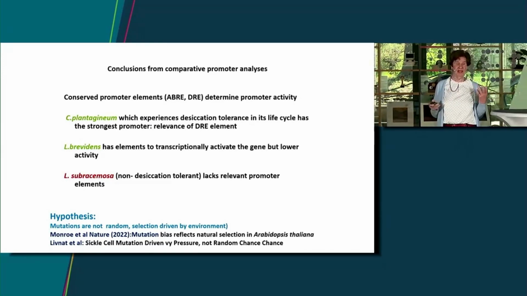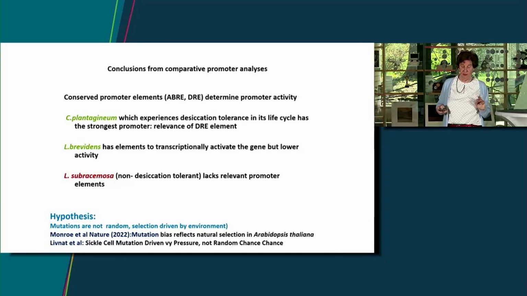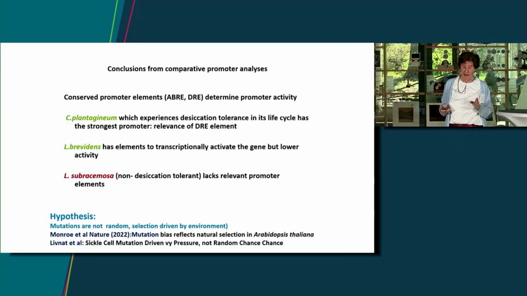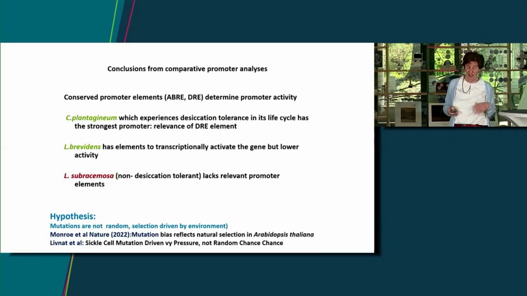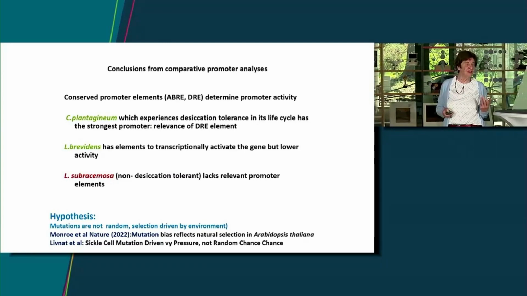And one possible explanation, but we cannot prove it, is that therefore it has perhaps even lost some of these essential promoter elements. So it has fewer elements, but it still can be upregulated. However, Lindernia supracemosa is only very slightly expressed and has more or less lost this desiccation tolerance and lost the ability for a high induction of the promoter.